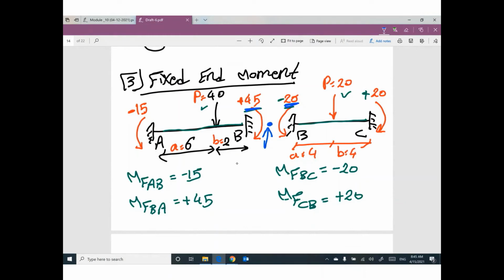We need to increase 20 up a little bit and decrease 45 down a little bit to make sure the two moments are equal in values. Equal in values and opposite in sign. One will be positive and one will be negative, but equal in value.